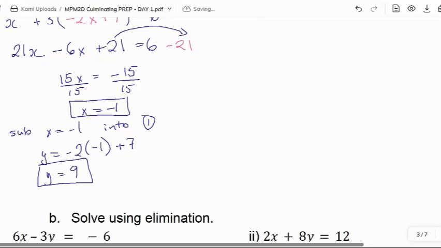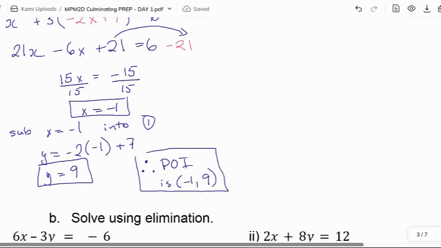Once again, I go back to the beginning of the question and I say, what was I supposed to do? What was I supposed to find? Oh, the POI. Because if you leave your question like this, you actually haven't answered it. You found the X and the Y, but you're not communicating that you actually understand it. So our final statement will say POI is -1, 9, right?